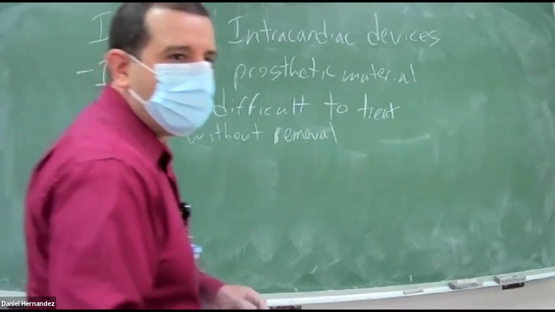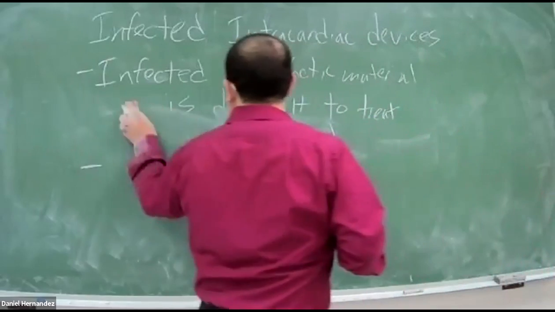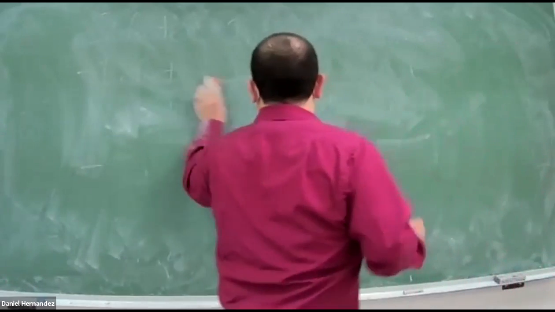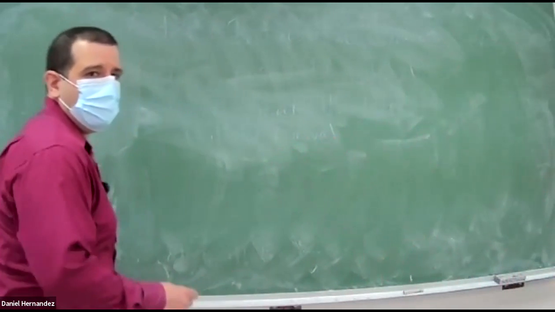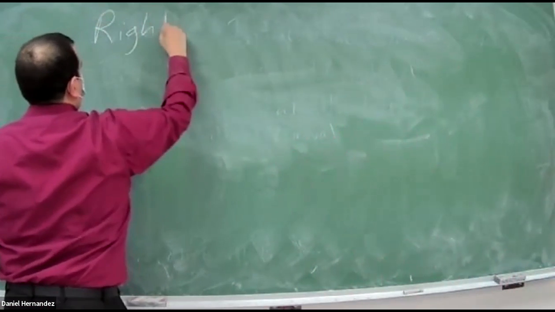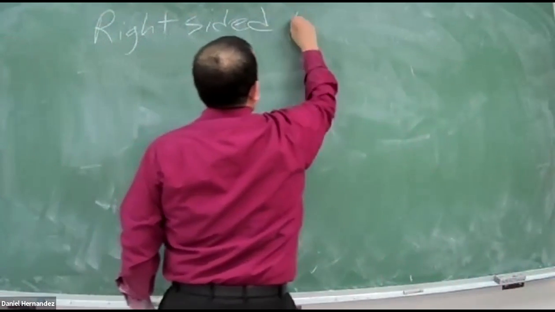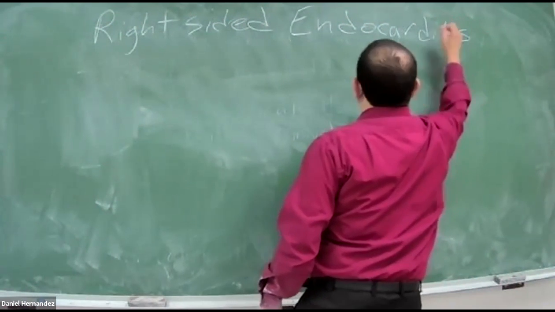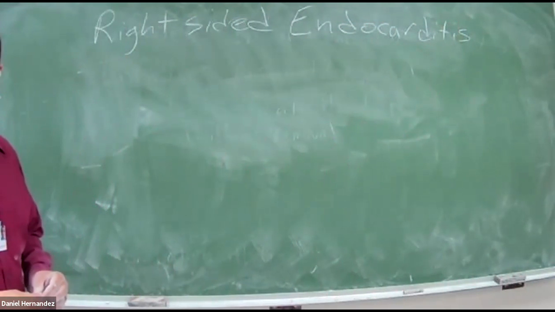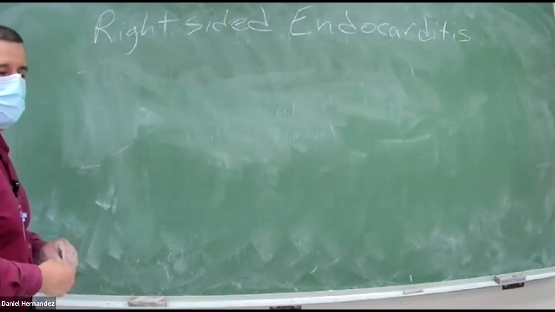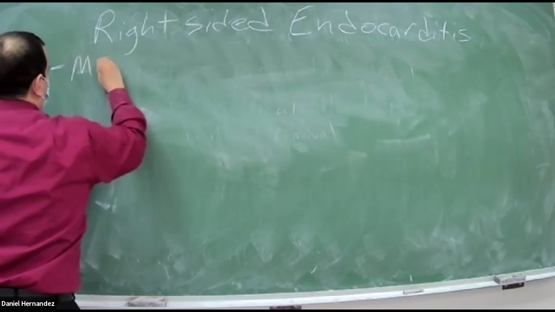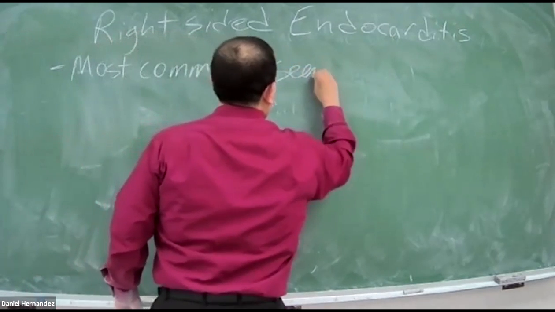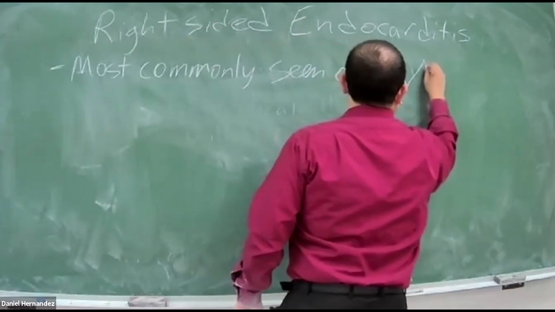So, right-sided endocarditis. With this one, it's most commonly seen on the tricuspid valve.